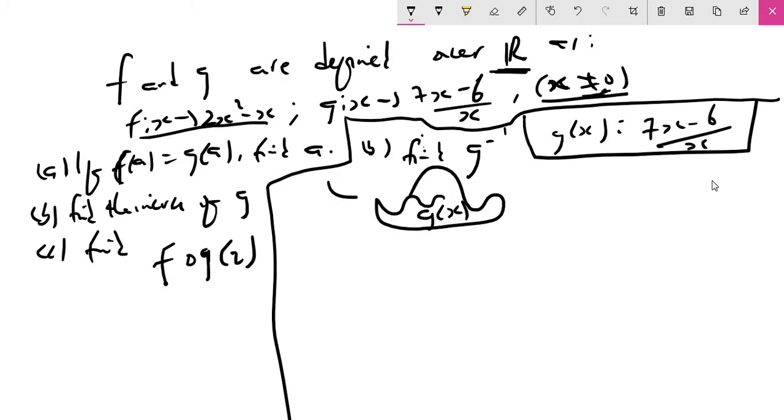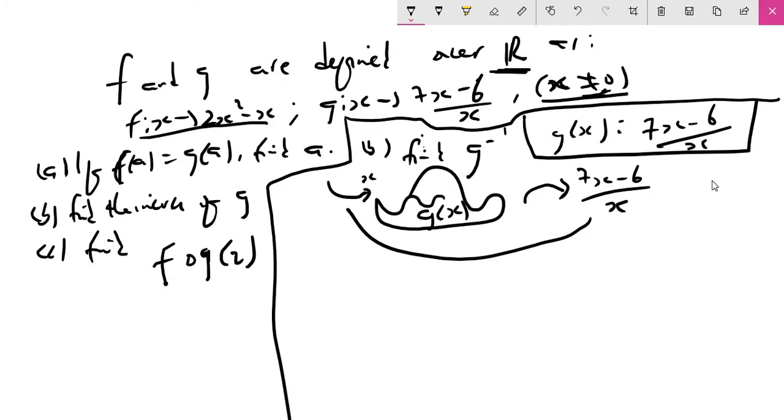Anytime it takes x, it brings out a value this way, and changes it to that. Now the inverse of g of x is a function that takes whatever g of x brings and changes it back to x.